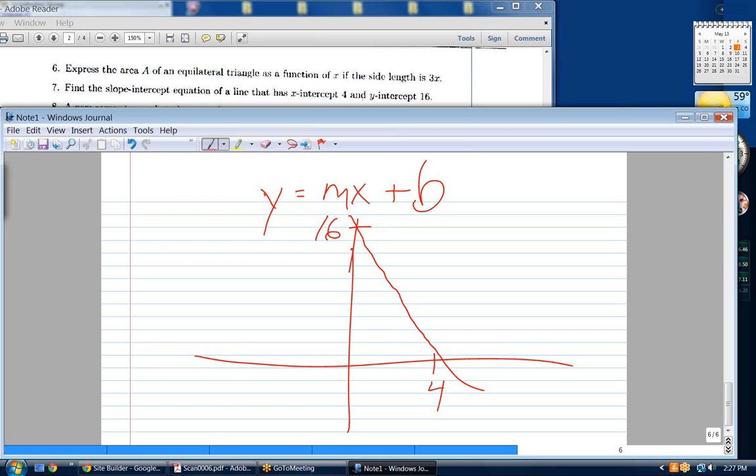The simplest way I can think of to do it is to just look at that graph. What's b? It's 16. What's m? What's the slope of that line?